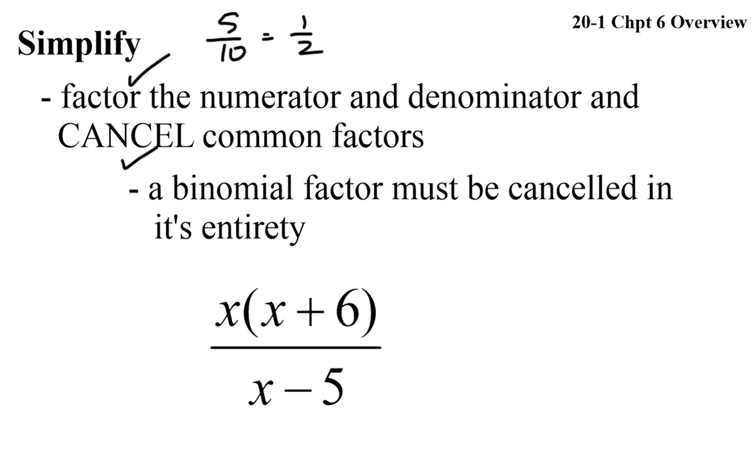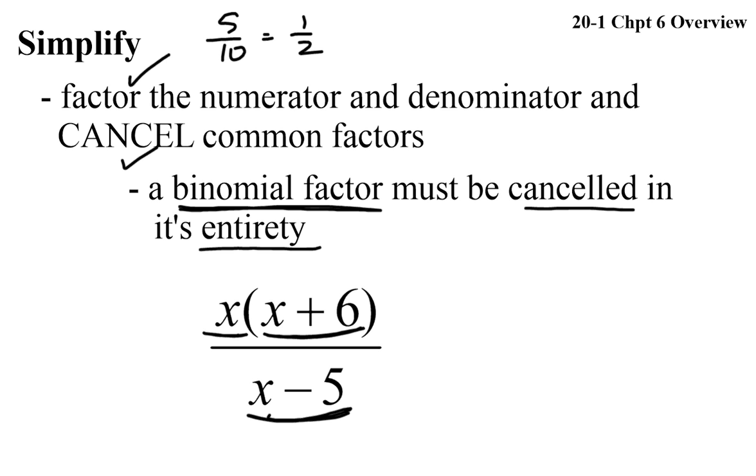Remember, please, that a binomial factor must be canceled in its entirety. So I have an x factor, I have an x plus 6 factor, and I have an x minus 5 factor. I must cancel the x plus 6 with an x plus 6. I have to cancel the x minus 5 with an x minus 5.